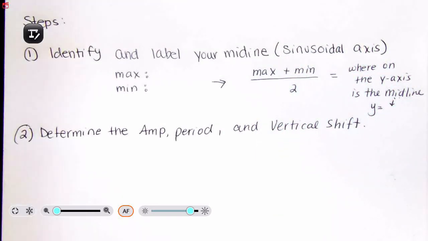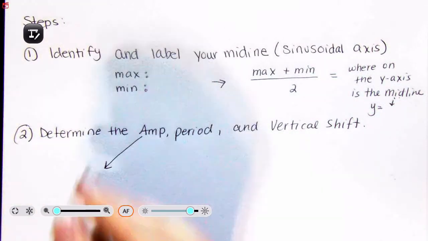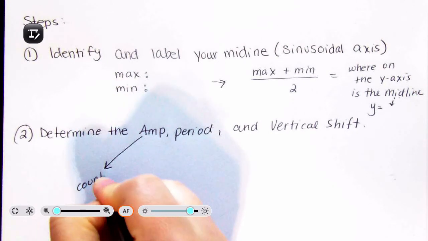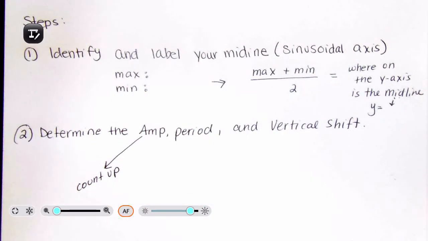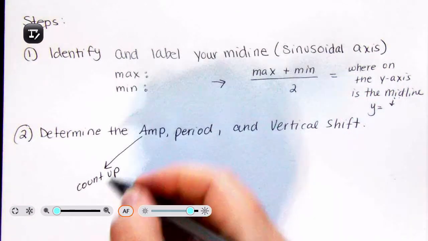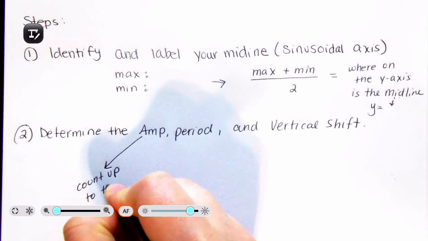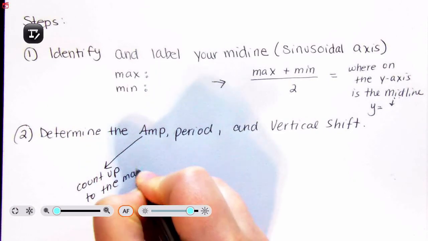Once you know your midline, for the amplitude, you're going to use that midline and count up or count down, because amplitude is the same distance from the midline to the maximum and to the minimum. You only truly need to count up or count down. You don't have to do both. But you're going to count up to the max from your midline.